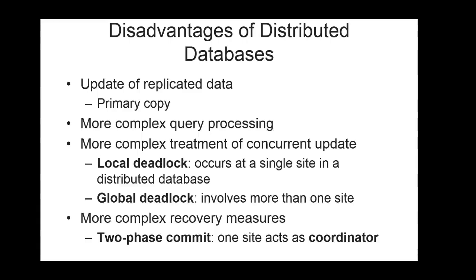The distributed database management system uses something called two-phase commit. The basic idea of two-phase commit is that one site, often the site initiating the update, acts as a coordinator. In the first phase, the coordinator sends a message to all other sites requesting that they prepare to update the database.